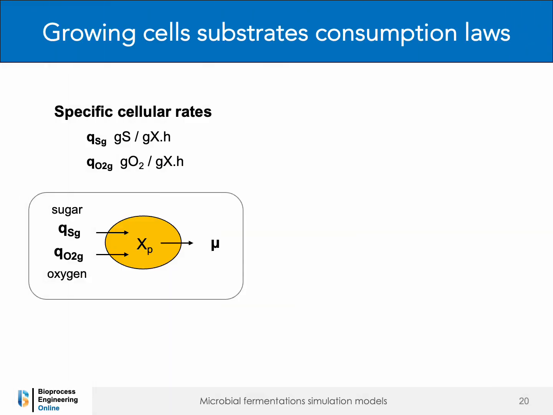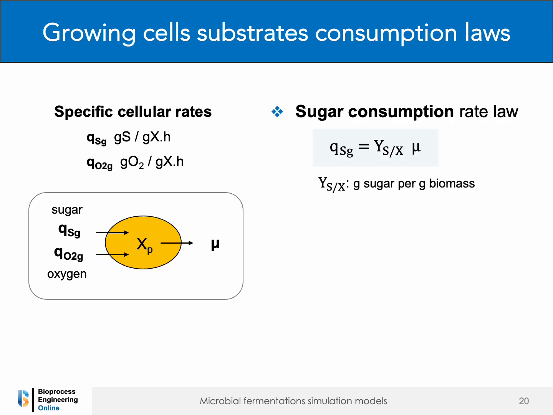For growing cells, the most relevant substrate is the carbon source, typically sugar. The specific sugar consumption rate, QSG, of growing cells, expressed in grams of sugar consumed per gram of cells per hour, is generally assumed to be proportional to the specific growth rate mu. QSG equals YS over X times mu, where YS over X is the stoichiometric coefficient, expressed in grams of substrate consumed per gram of biomass produced.